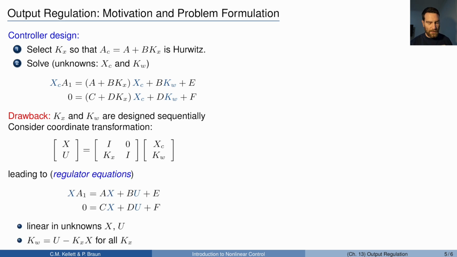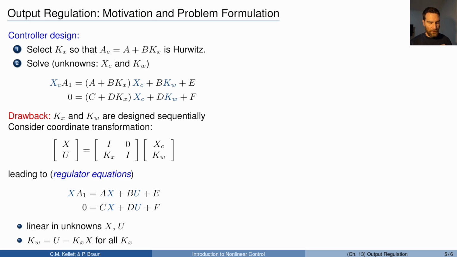A way to avoid that is by considering a coordinate transformation, namely to introduce this new set of variables x and u together with the corresponding coordinate transformation written here, and then consider the so-called regulator equations now in the unknowns x and u.